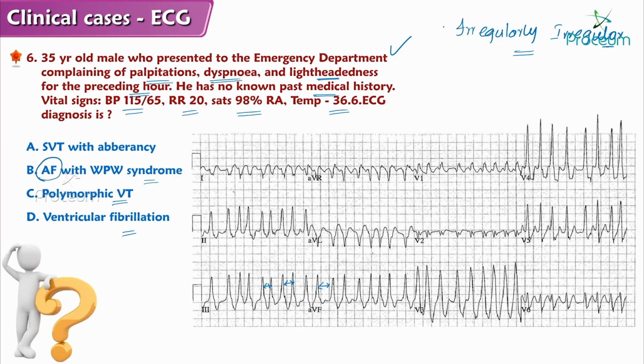That is one point. And the second point is, you take the QRS complexes. You have the wide QRS complexes. The next important point here is the PR interval. It is a very short PR interval, that is what you will observe.